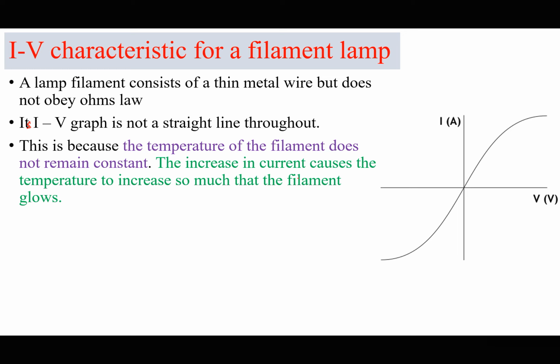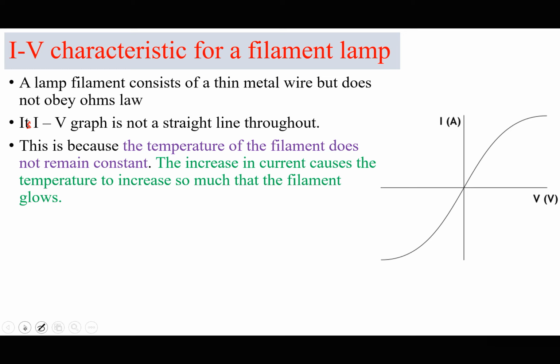The increase in current causes the temperature to increase so much that the filament glows. So as more current flows through the filament so that the filament glows to give us light, the temperature of the filament increases to about 1500 degrees Celsius for the bulb to glow.